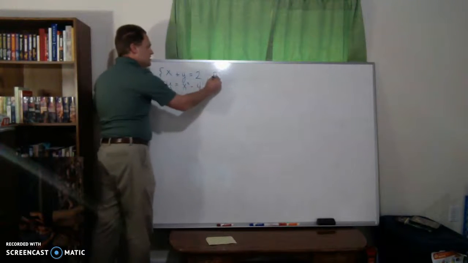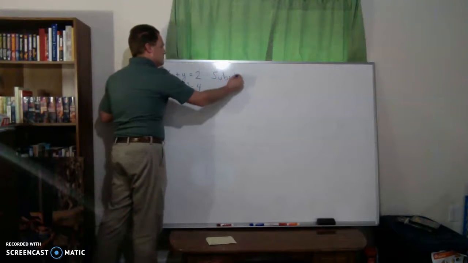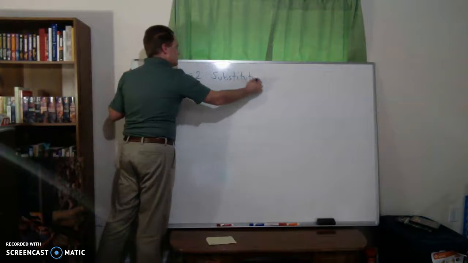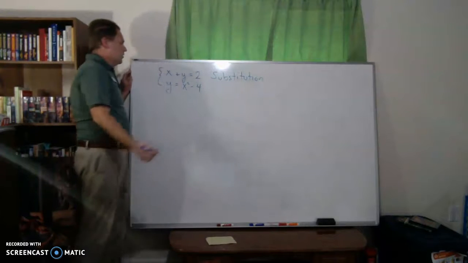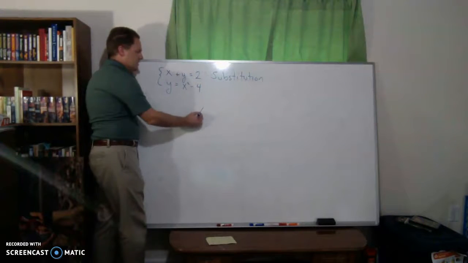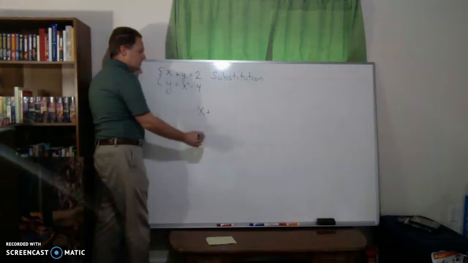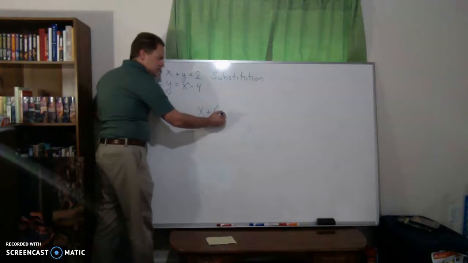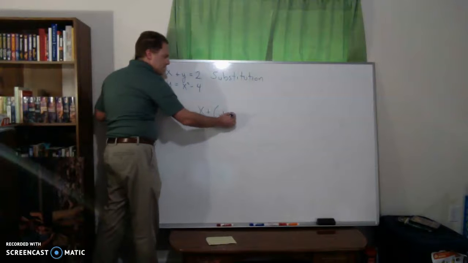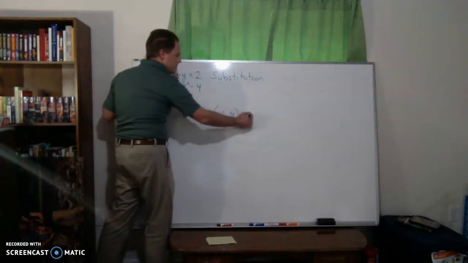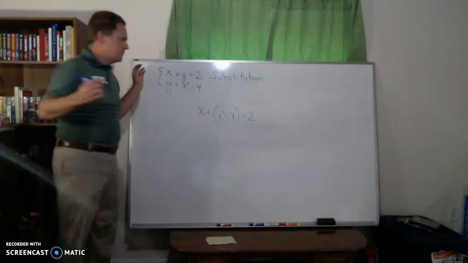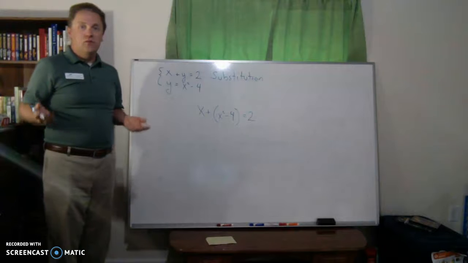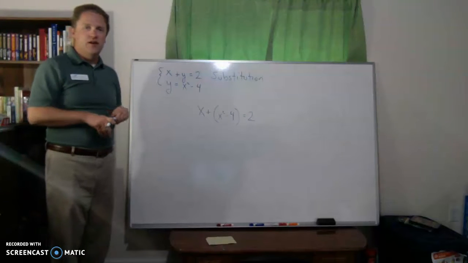If I use substitution, I'm going to take the x for my first one, and then instead of y, I'm going to put x squared minus 4. And now I've got one equation, one variable, I can solve.